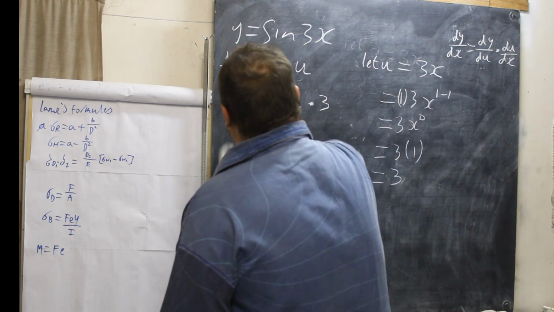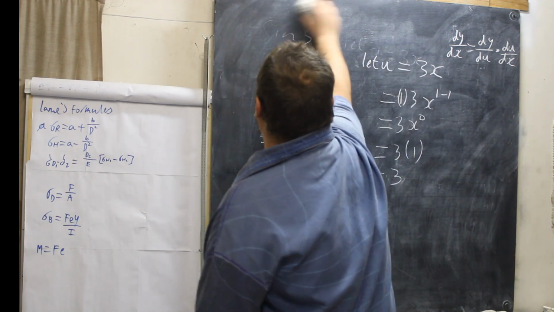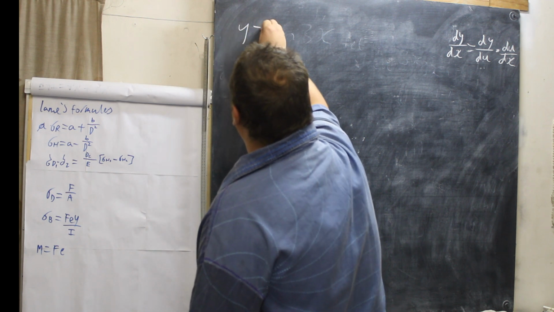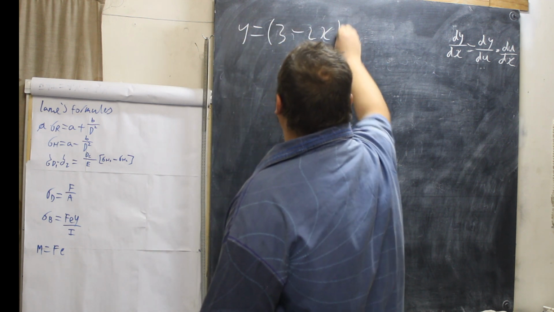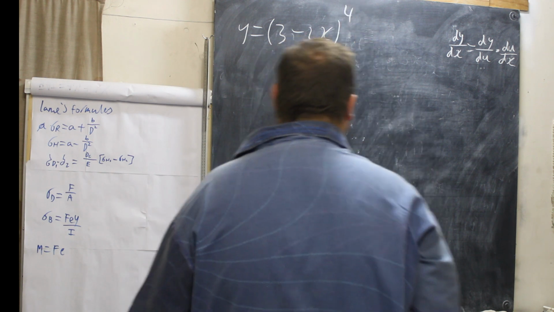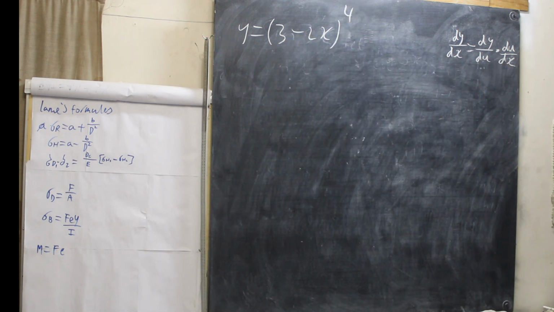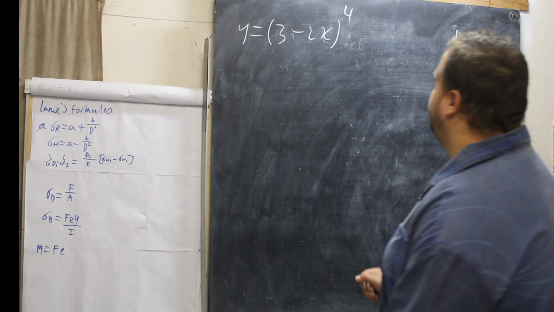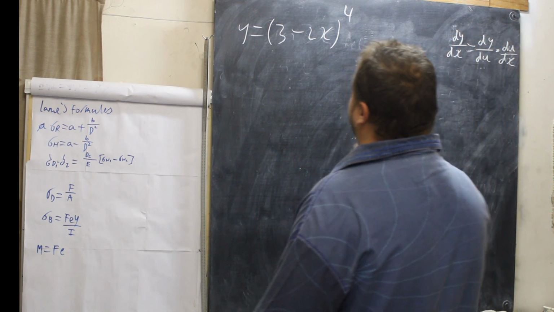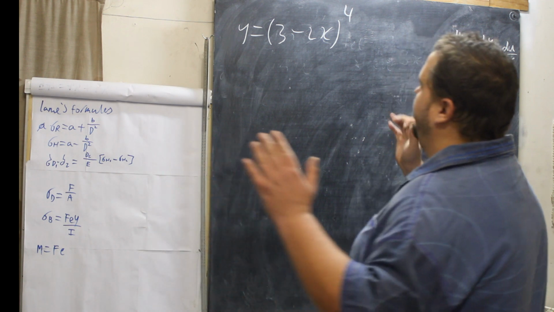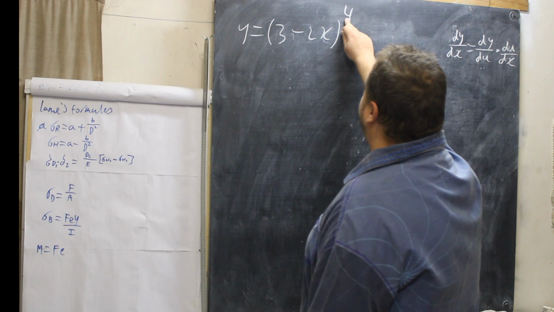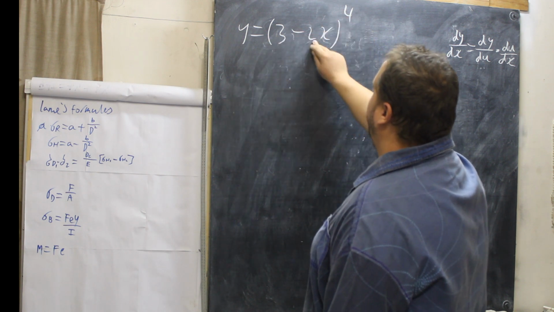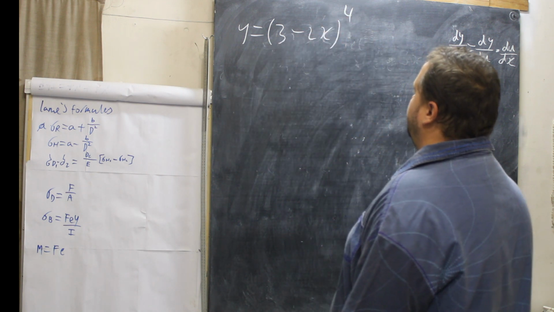Okay, next one. Now, how this works is we're going to do a form called the outer inner. So we take this first and then we multiply it by the inner.